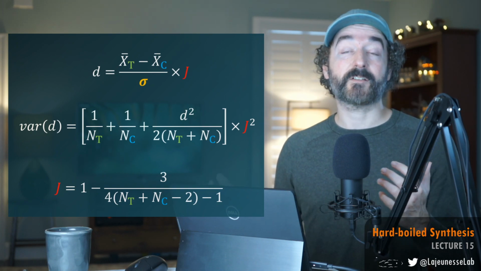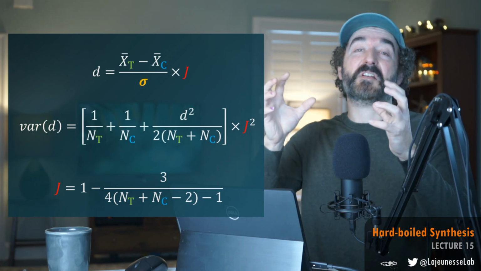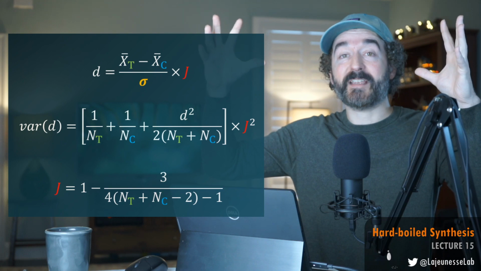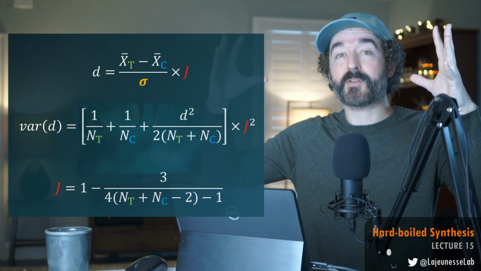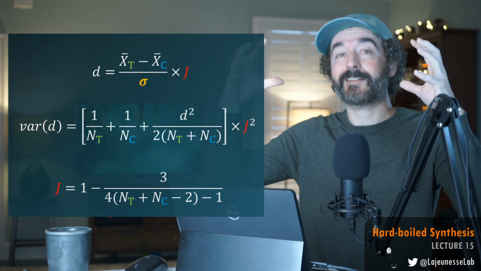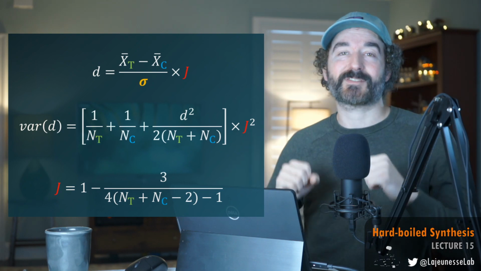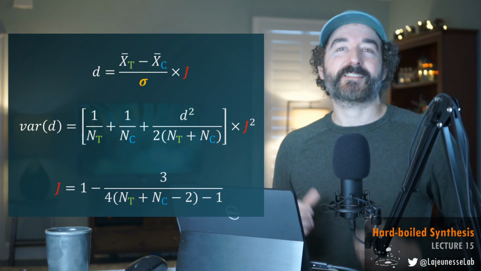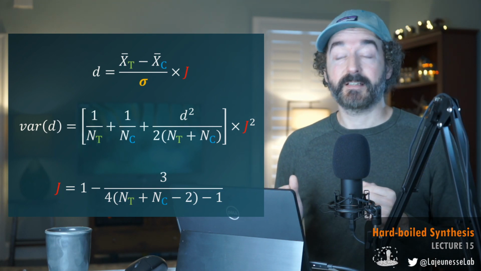And J here, this small sample bias correction, shrinks that estimation. You may get a huge effect estimate based on a study with small sample sizes. This aims to shrink that overall effect, so it's not overestimating. This is a type of bias that occurs.